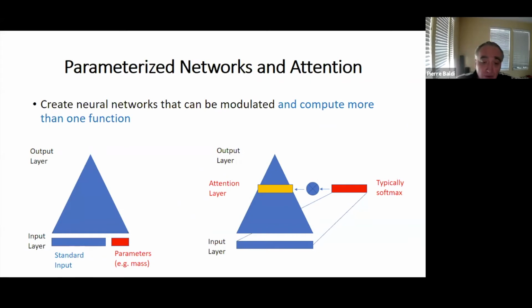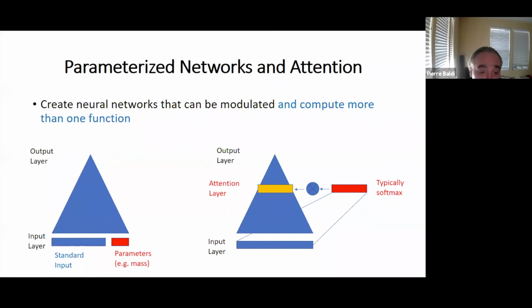This is work with Daniel Whiteson and Kyle Cranmer, where, for instance, you have a network that is looking at standard inputs, maybe jets, whatever, and you can add another input, an extra input, in this case, the mass, for instance, and you get an output, some classification, for instance. And the mass is available during training. So during training, you can just use it, but it's not available at test time, right?